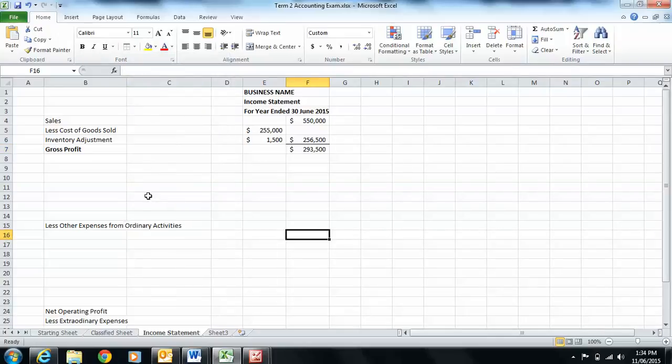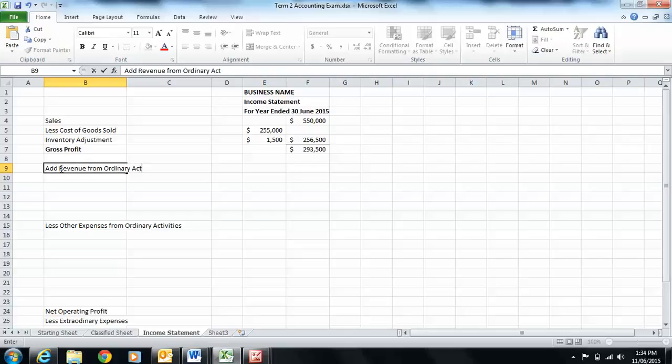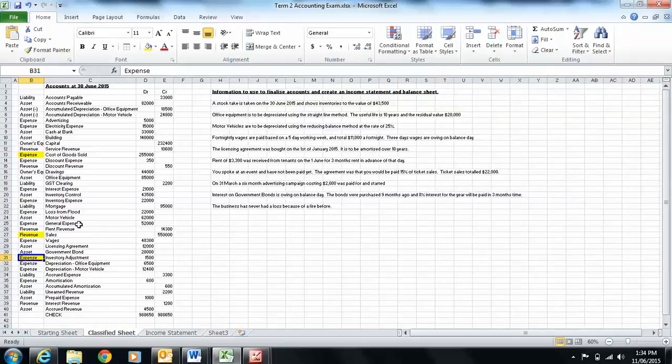Right. Now we have to see, are there any other revenues that we've got? We know that there's a rent revenue account, so let's add that in. So rent revenue is $14,300.